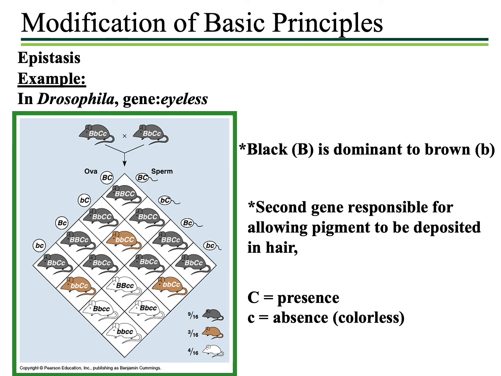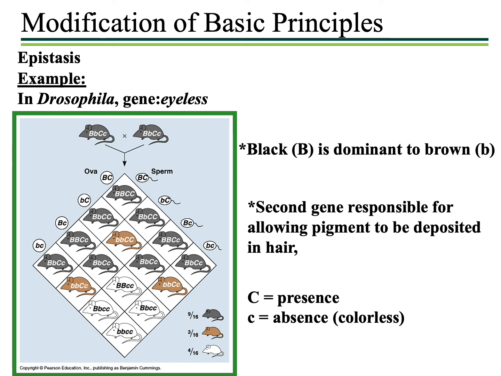In situations where the second gene in question is either homozygous dominant for color deposition or heterozygous, then the color of the mouse is truly dependent upon the genotype for hair color. However, in the bottom of that Punnett square, you can see a few mice that end up being white. These mice are white because they are homozygous recessive for that mutation in the pigment deposition gene.